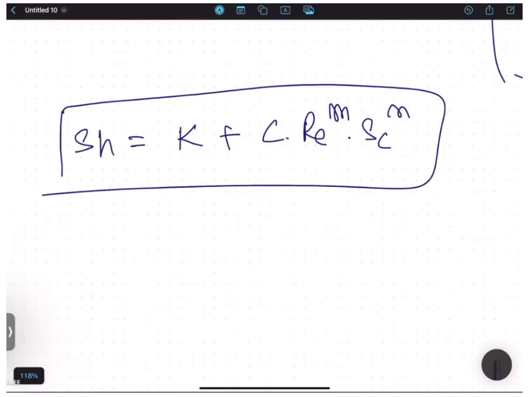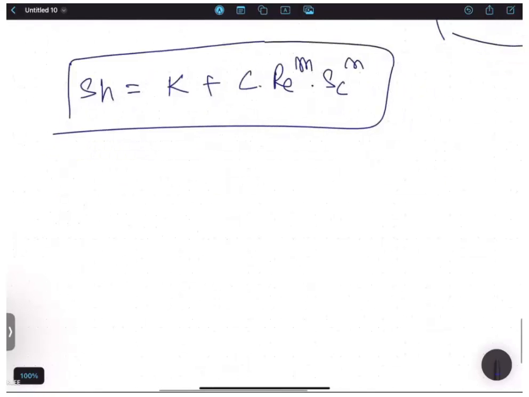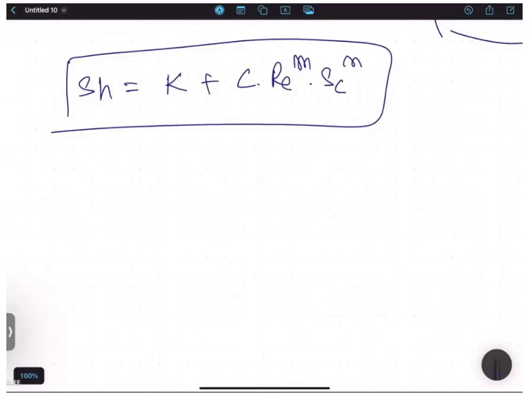In mass transfer also you have these, but the derivations are not required. You just remember the form. Always remember that for a sphere, this k value is equal to 2. And suppose the medium is stagnant.